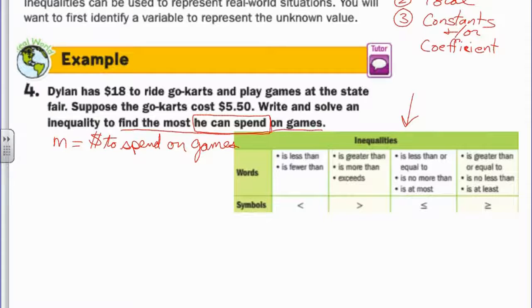Secondly, we need to find the total. It says Dylan has $18 to ride go-karts and play games. This is just the amount of money he has. So that's going to be our total.